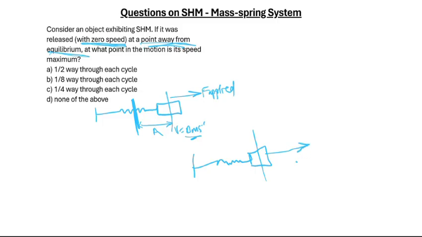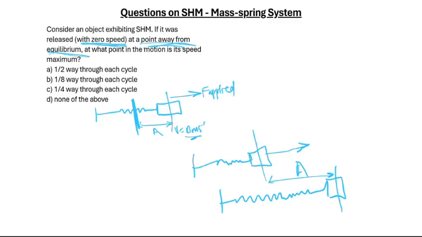As we pull it, the spring expands and the object gains some distance from here to here. The distance it gains is what we call displacement, or amplitude if that distance is maximum.